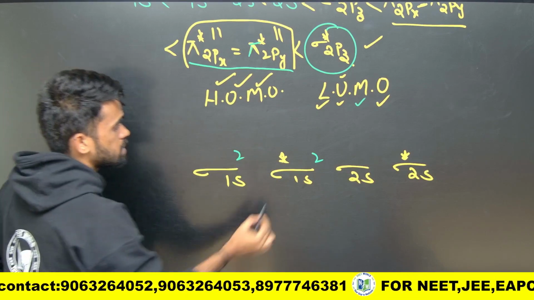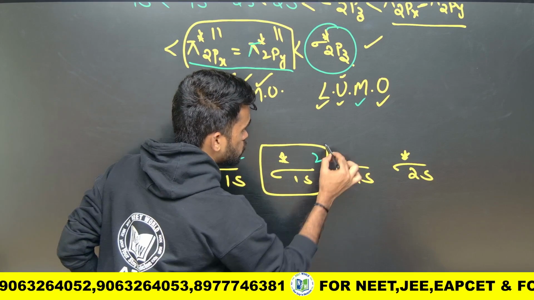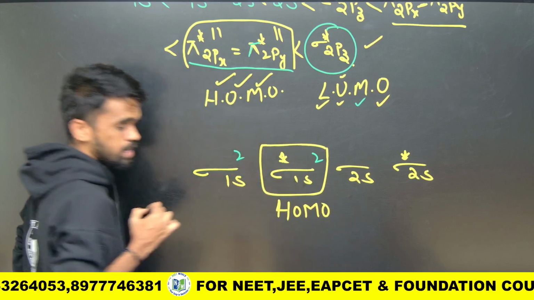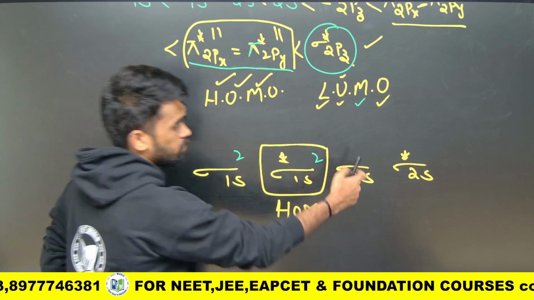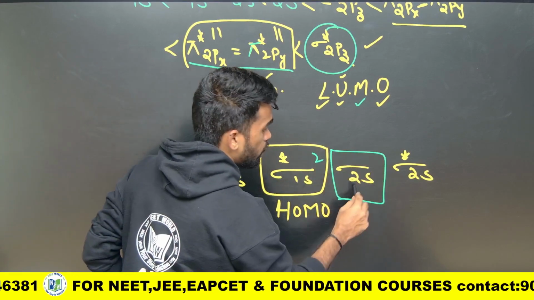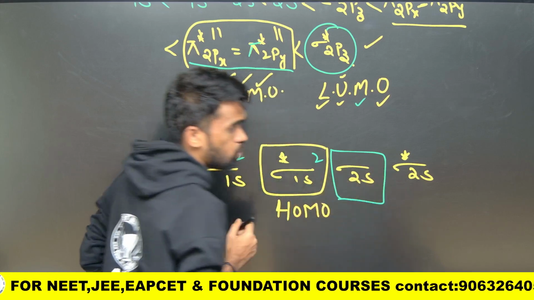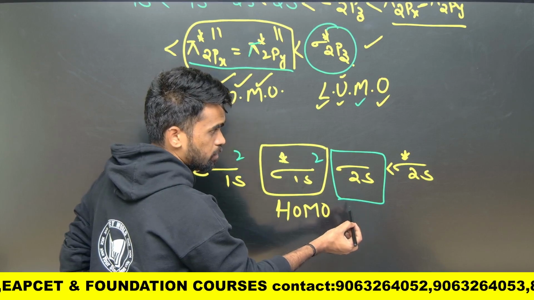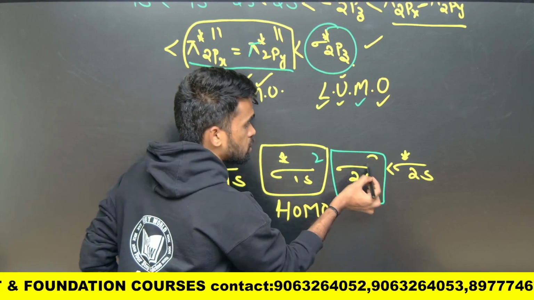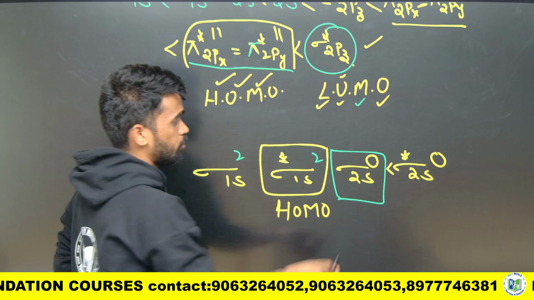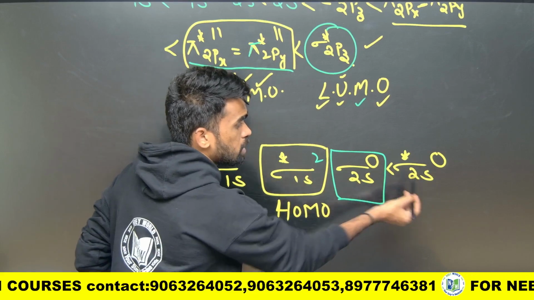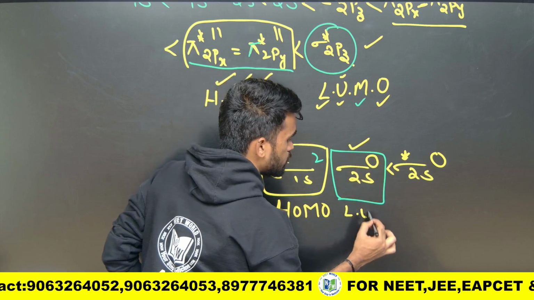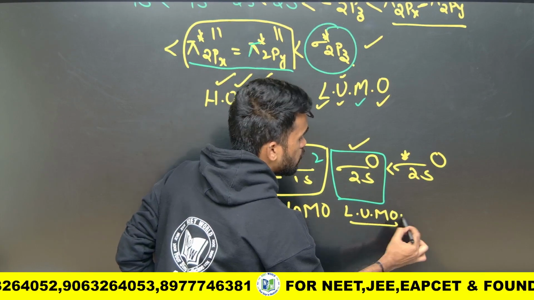This is the highest occupied molecular orbital, so this becomes the HOMO. Now what is its LUMO? Out of these two, sigma 2s has lower energy, right? So the lowest means the lower energy orbital which is unoccupied. There are no electrons present here and here, so both are unoccupied, but the lowest unoccupied is this one, so this becomes the LUMO. This is how you need to answer.